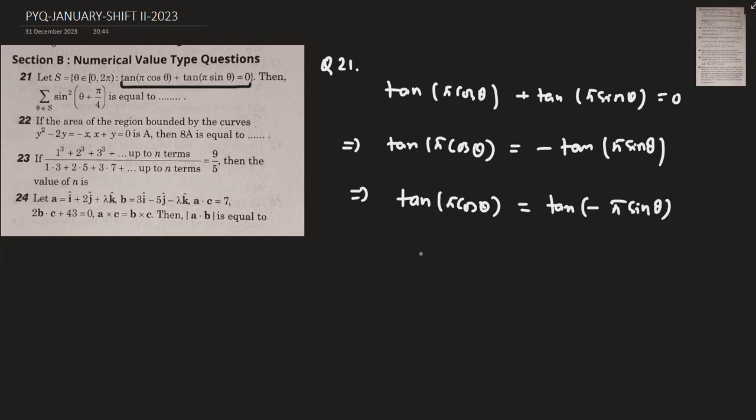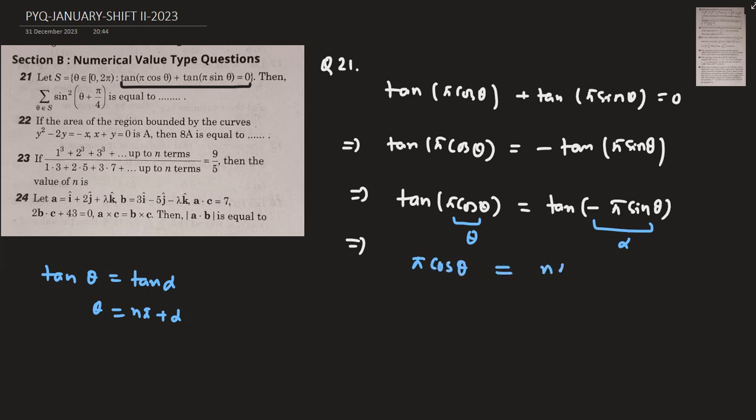Both sides have tan, and we know this formula: if tan theta is equal to tan alpha, then theta is equal to n pi plus alpha. So this is our theta and the whole angle is alpha. So pi cos theta is equal to n pi plus alpha.